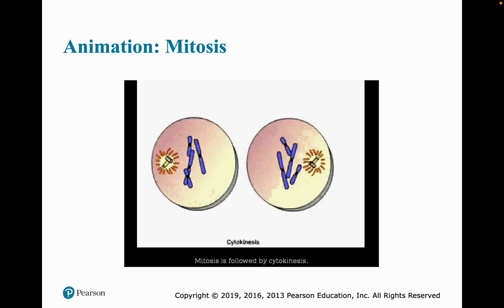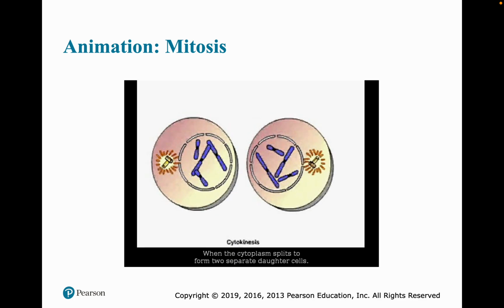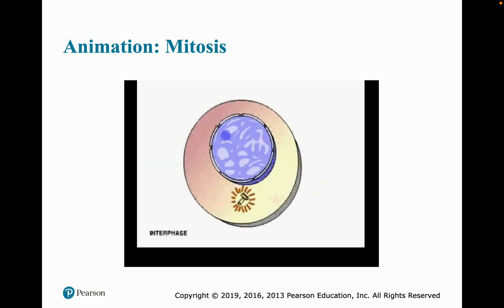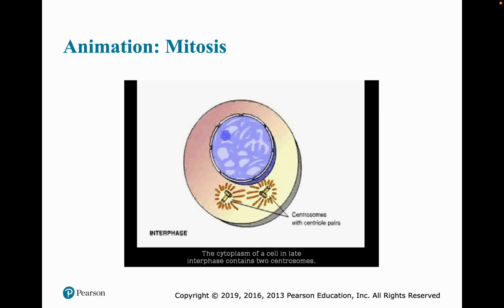Mitosis is followed by cytokinesis, when the cytoplasm splits to form 2 separate daughter cells. The cytoplasm of a cell in late interphase contains 2 centrosomes, each of which may contain a pair of centrioles. In the nucleus, the chromosomes have been replicated during S phase, but are still dispersed in the form of chromatin. 1 or more nucleoli are present.